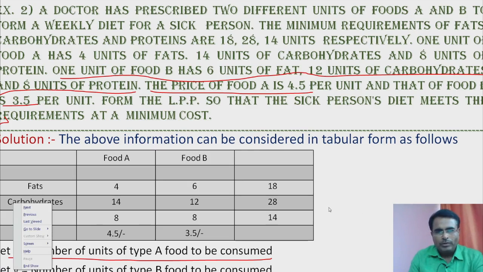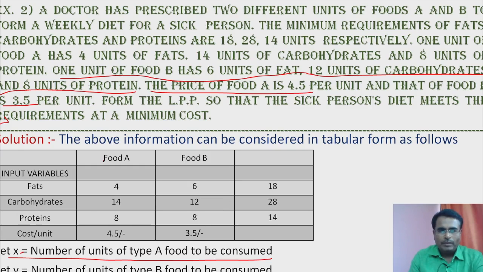Now see the variables here. The input variables are nothing but x for food A and y for food B. So x and y denote the number of units of food A and food B to be consumed.